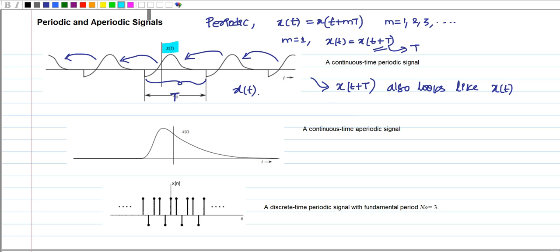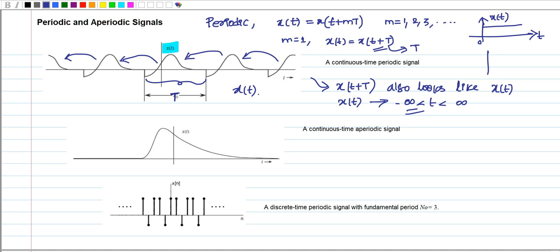This is subject to a condition that the signal x of t ranges over minus infinity to plus infinity. So this condition has to be satisfied. Without this condition I cannot get x of t equal to x of t plus T. Suppose I have a signal like this, the signal starts from 0, this is x of t.